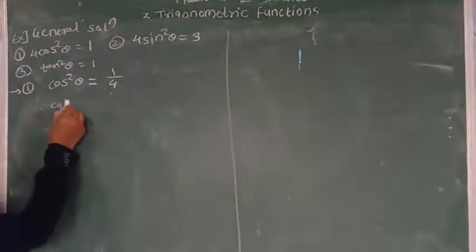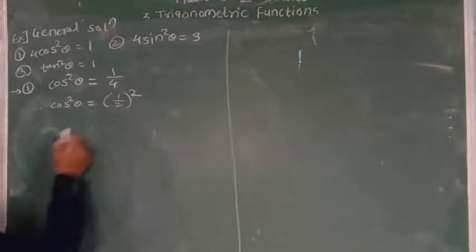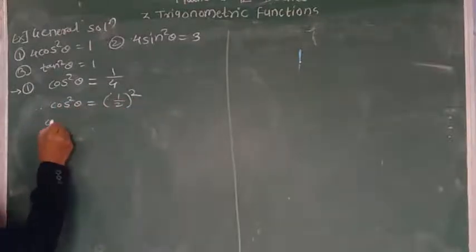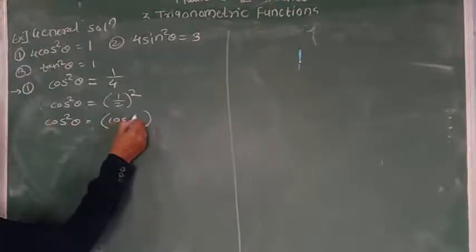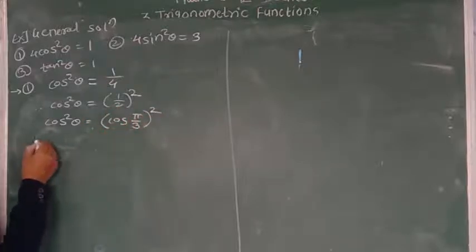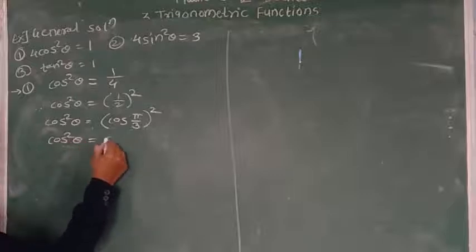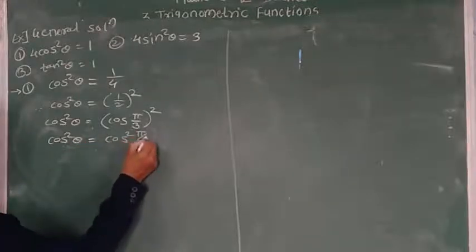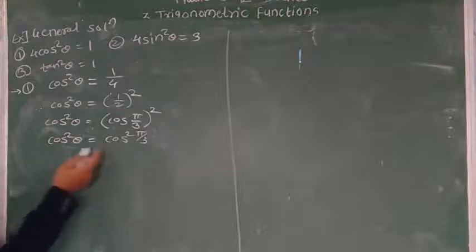So therefore cos square theta is equal to 1 by 2 bracket square. So cos square theta is equal to cos of pi by 3 bracket square. Cos 60 is half, means pi by 3. So we can write this as cos square theta is equal to cos square pi by 3. So this is in the form cos square theta is equal to cos square alpha.